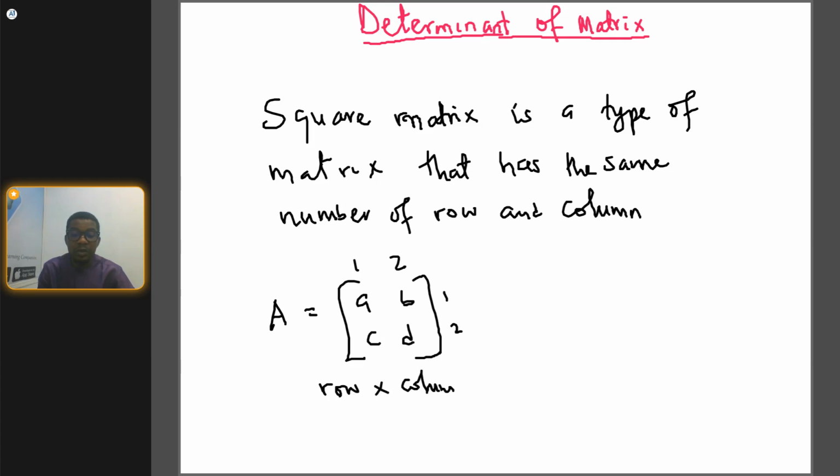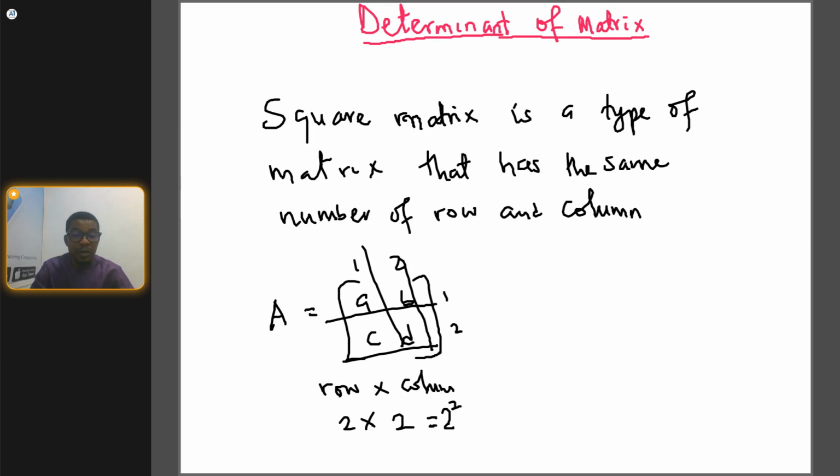We have 2 rows by 2 columns, so that is a 2 by 2 matrix. It is a square matrix because it can be expressed as 2 raised to power 2. That is why we call it a square matrix.